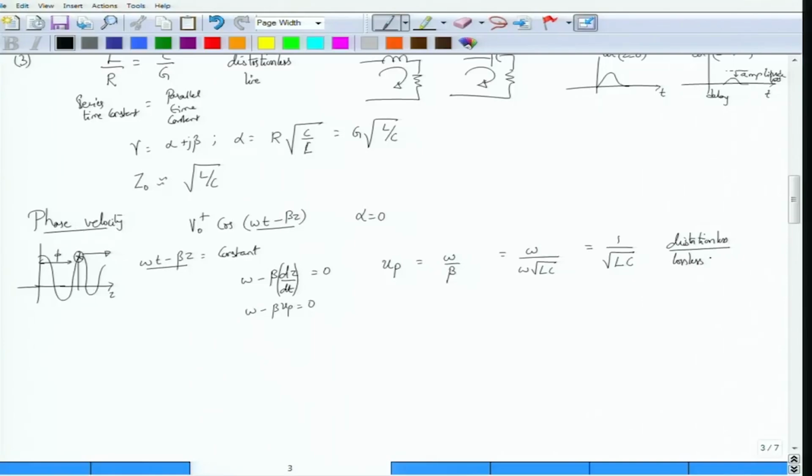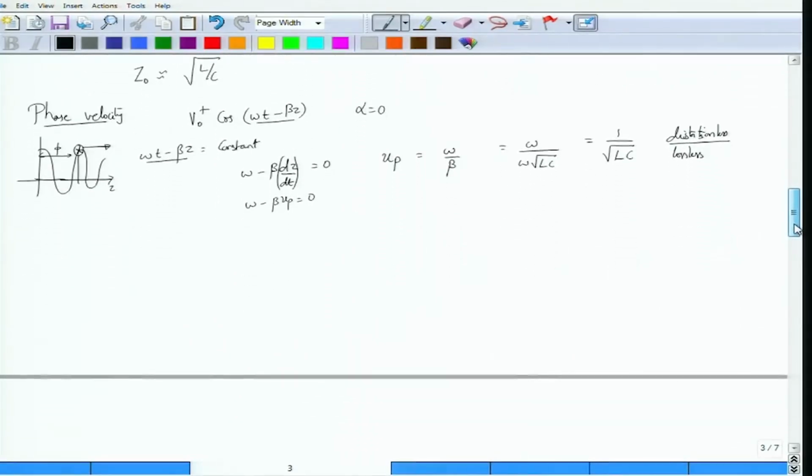Because in the distortionless line what you have is beta being some constant times omega. So it would actually be again real, and this is the reason why you actually have no distortions. If your phase velocity would start to depend on omega, then there would be distortion, something that we will come back to later, when we discuss group velocity.